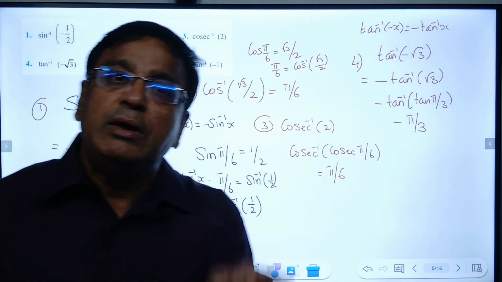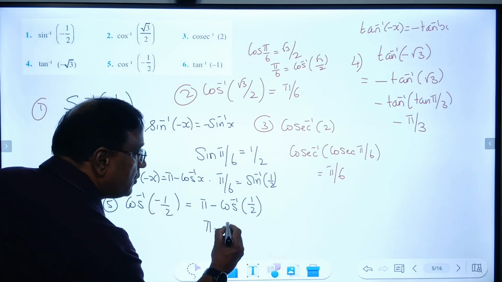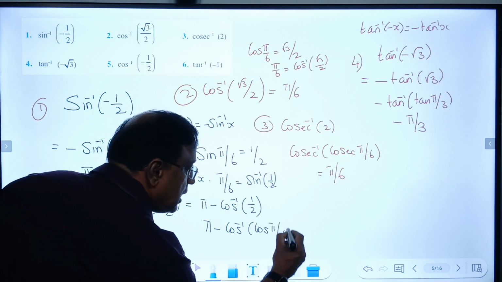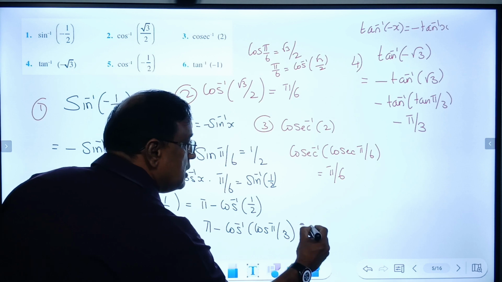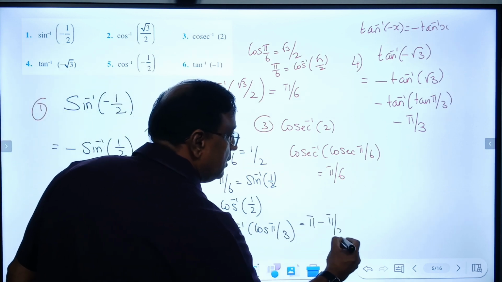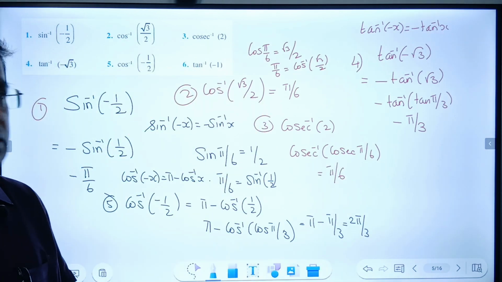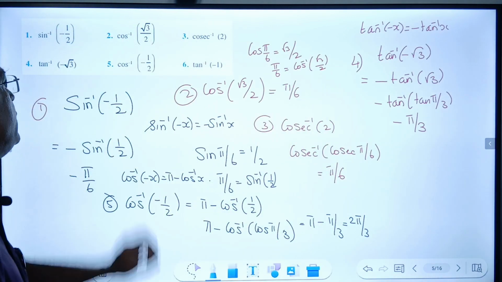Now tell me, what is cos inverse of half? Cos of what is half? You know, cos pi by 3, cos 60 is half. Correct? So this is pi minus cos inverse of cos pi by 3, which is pi by 3. So I get 2 pi by 3 as the answer. Isn't it lovely? It's simple. All carries 1 mark. Very easily you can do.